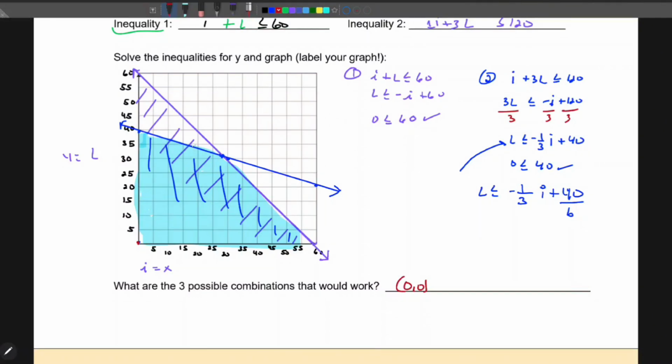It looks like 15, 35 also works. And maybe, do we go right through? I'm not sure exactly, but I could pick that point right there, and that is 50, 5. That's a solution.